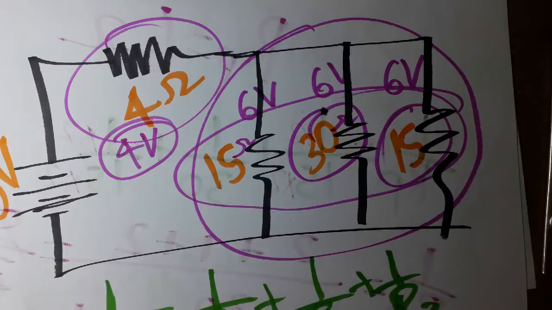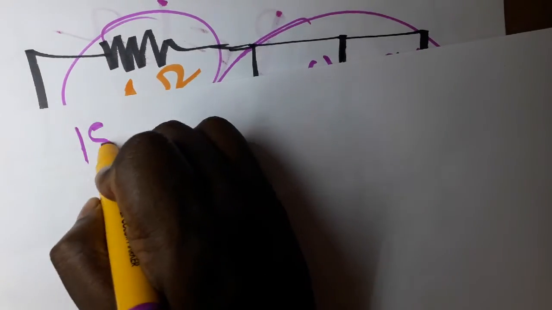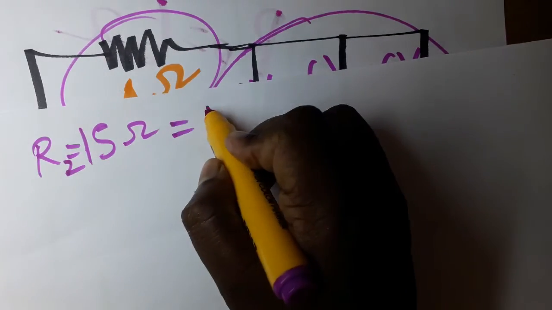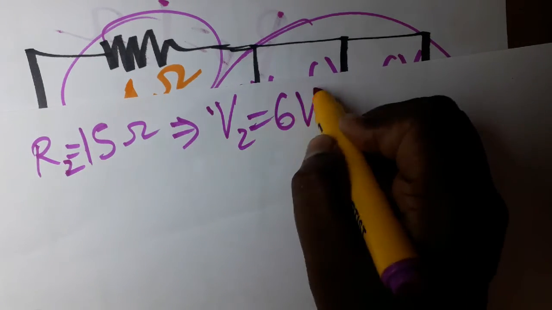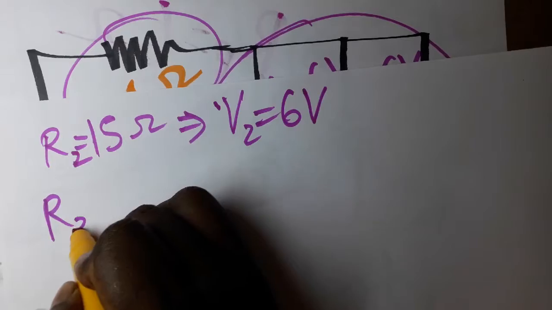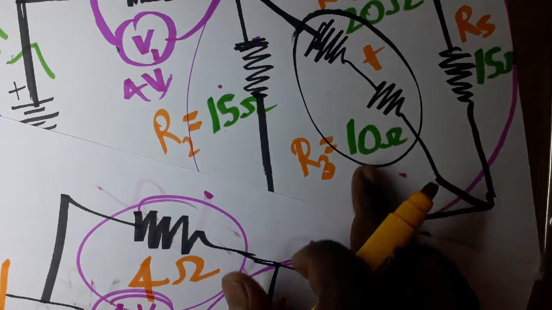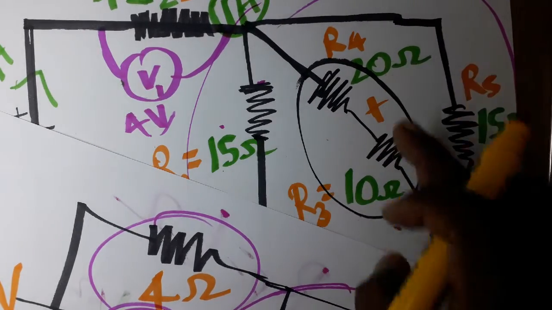Now see, it is 15, 30, 50. The 15 ohm resistance we will take as R2. The voltage here, V2, is 6 volts. The resistance 3 is 10 ohms plus 20 ohms, together given as 30 ohms.